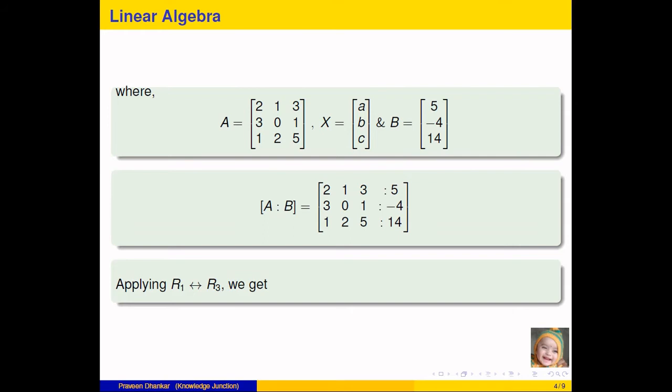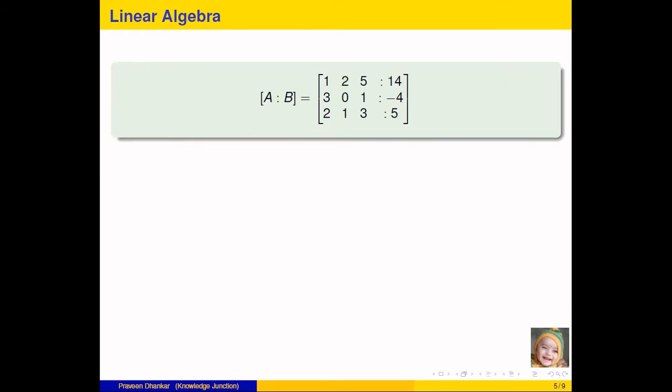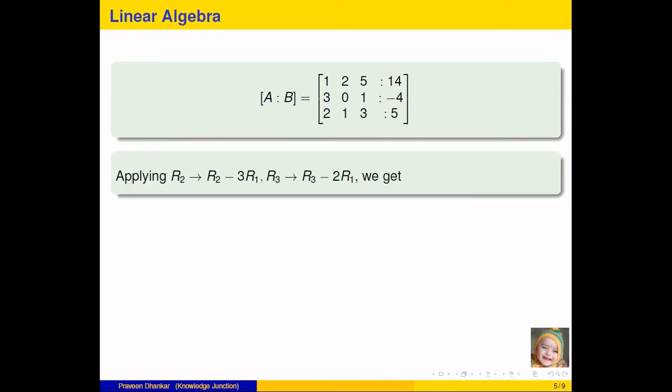So the augmented matrix turns into 1 2 5 14, 3 0 1 minus 4, 2 1 3 5. Now apply the operations R2 as R2 minus 3 R1 and R3 as R3 minus twice R1.